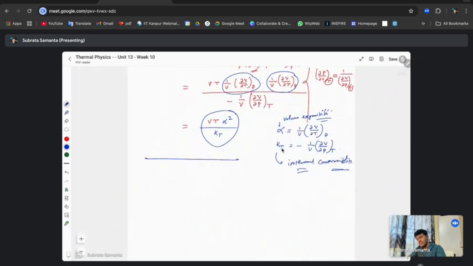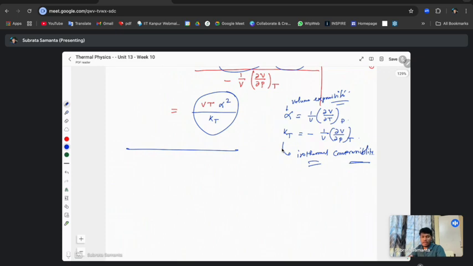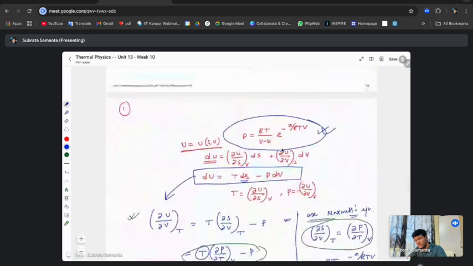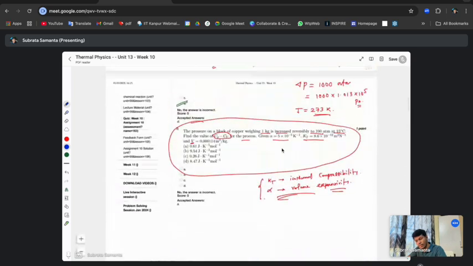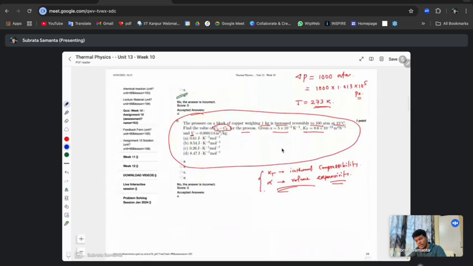So in the given problem, alpha, Kt, and V all are given, right? So you have to calculate Cp minus Cv. So we use these relations. First of all, what is the temperature? The temperature is given. The value of Kt is given, 8.6 times 10 to the power minus 12. Alpha value is 5 times 10 to the power minus 5.